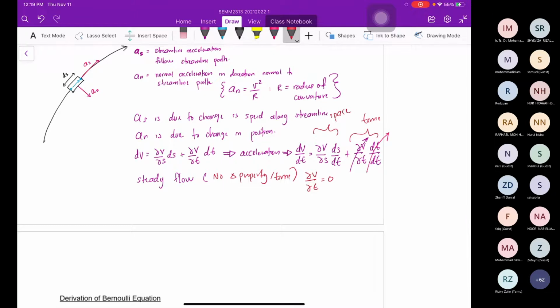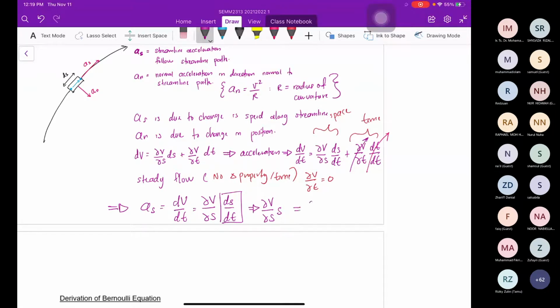So now our final equation for a_s is dv over dt equal to the partial derivative of v with respect to s, times ds over dt. This one is v, basically velocity. So it becomes v times the partial derivative of v with respect to s.